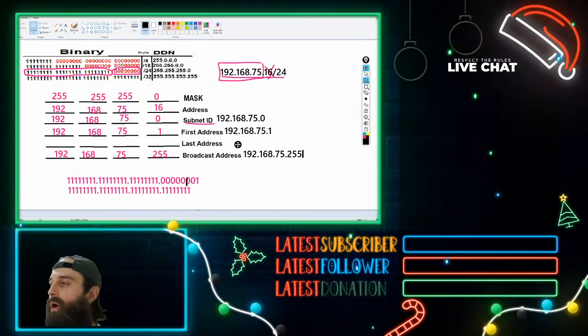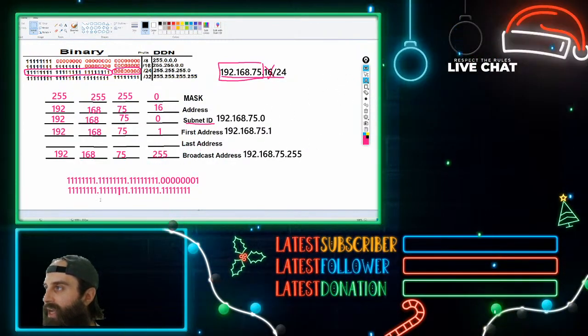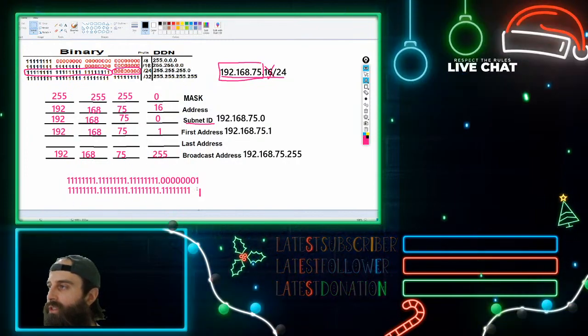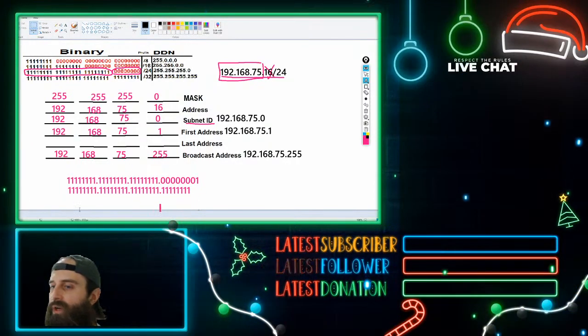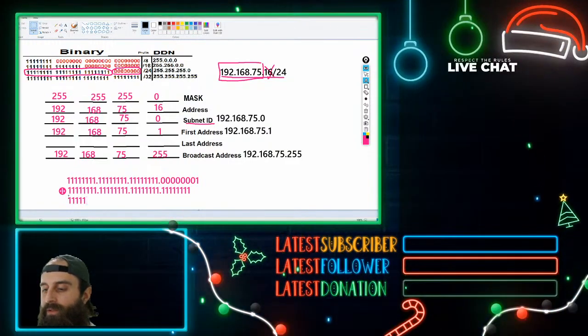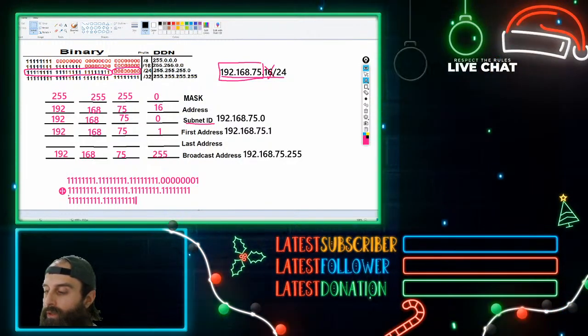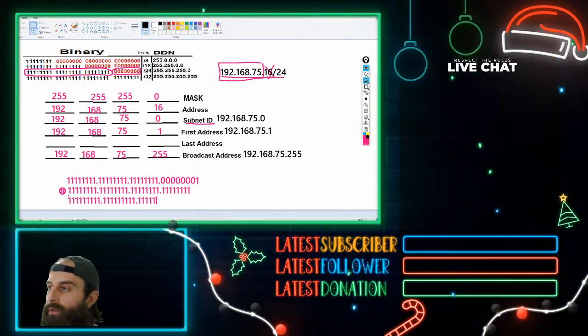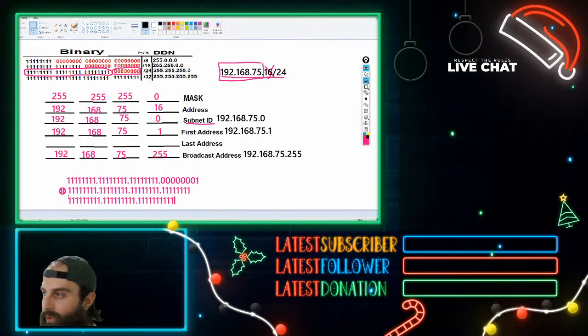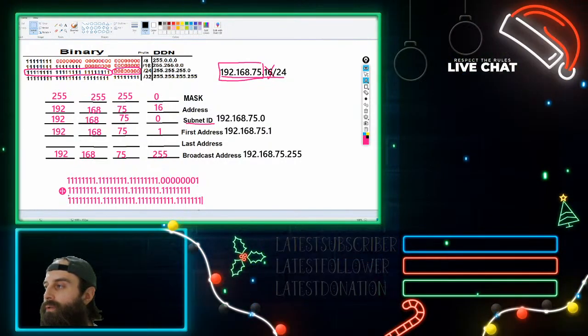Now, to find the last address within that address range, we take this very last octet and make the last bit a 0. So 1111 1110.